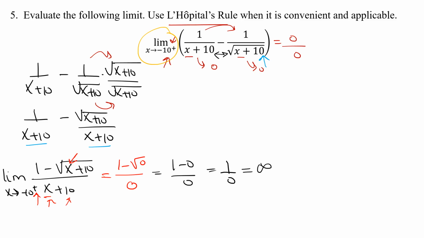Basically, as your denominator is getting smaller and smaller, that fraction is going to infinity. So we end up getting infinity for our limit. Therefore, this limit is equal to infinity. It's okay to get infinity as an answer. If you end up having 1 over 0, then that means it's approaching infinity.